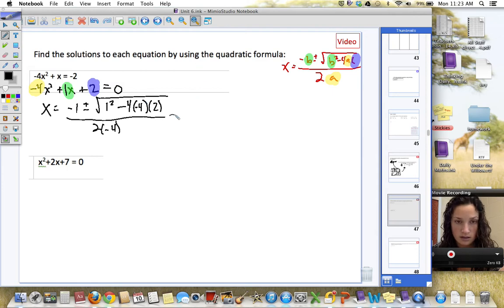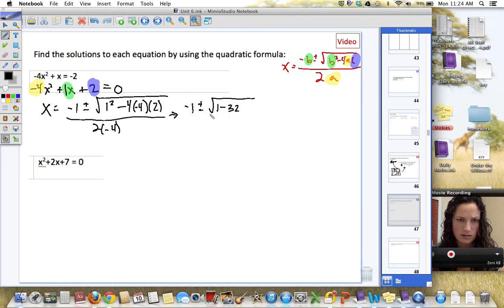So now I'm going to simplify this a little more. I'm going to have negative 1 plus or minus the square root of 1 squared is 1 minus, so ready, 2 times negative 4 is negative 8. Negative 8 times 4 is, what is that, 32?